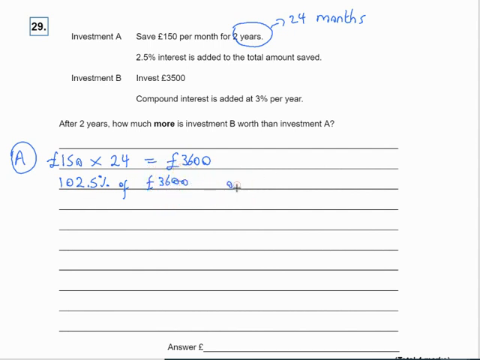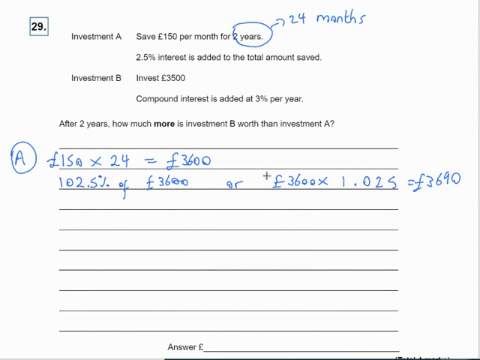Or simply 3,600 multiplied by 1.025. So they both mean the same thing. 102.5% as a decimal is 1.025. So there we go. That gives us 3,690.